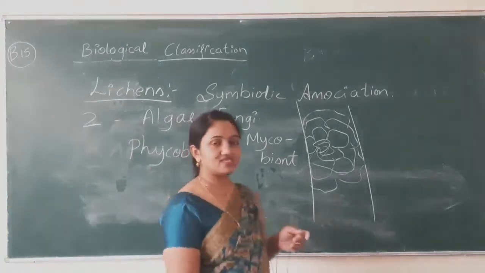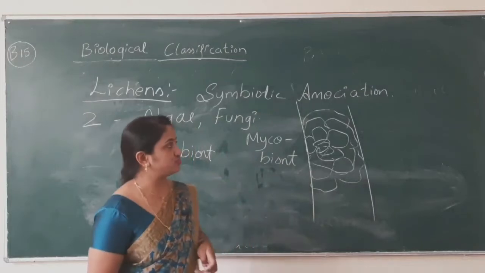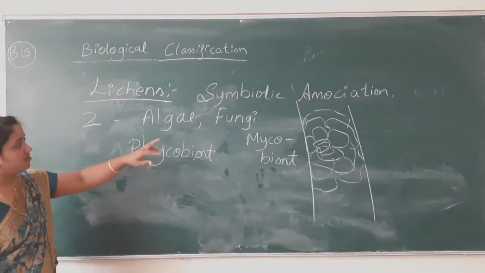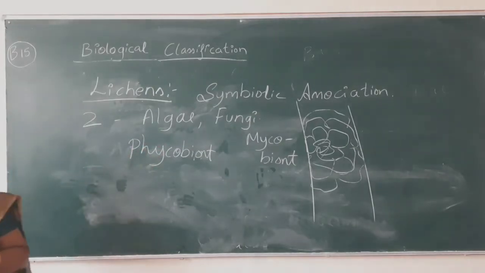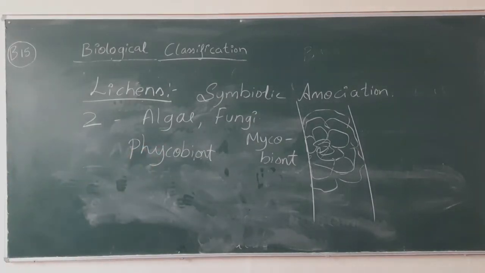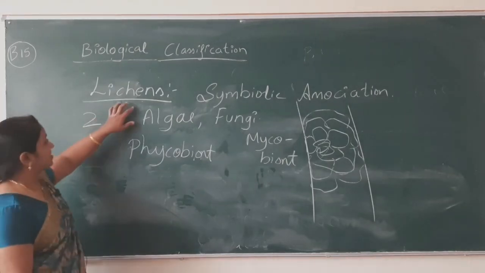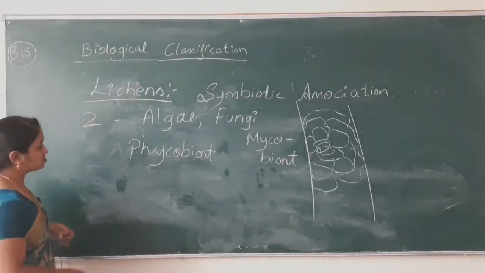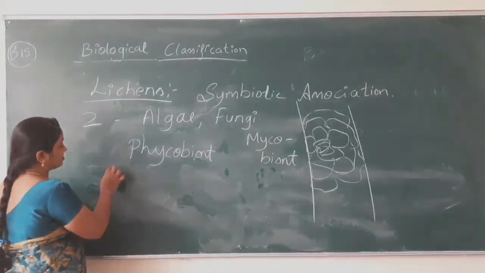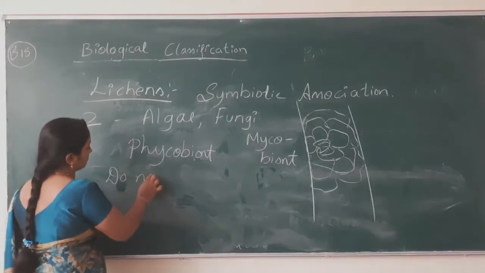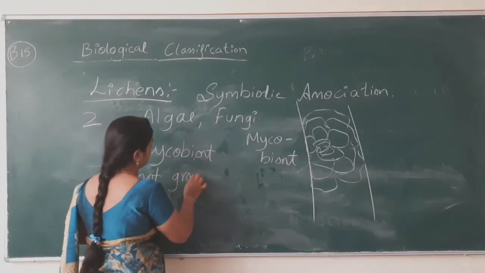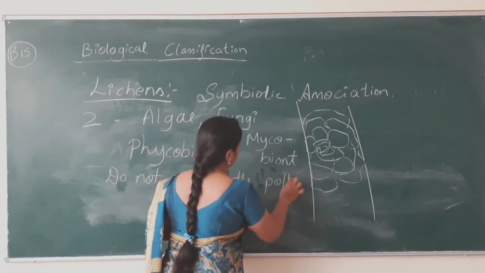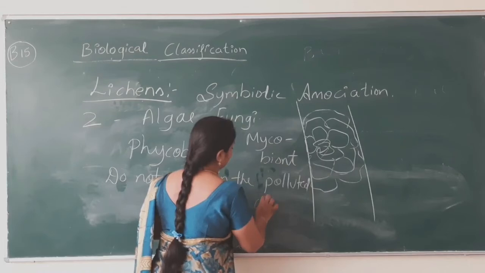This is known as symbiotic association. The algal component is phycobiont, the fungal component is mycobiont. And one more thing to say, the lichens are the main pollution indicator. They do not grow in polluted areas.